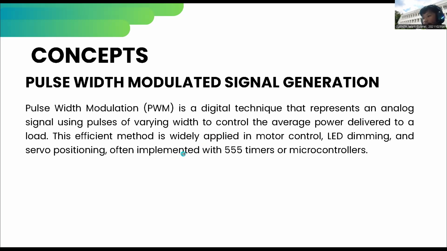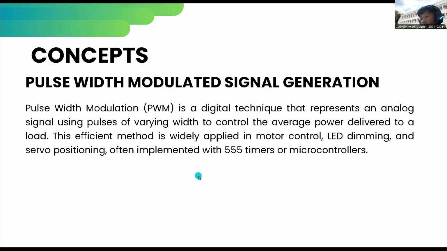So, it is widely used in applications such as motor speed control, LED dimming, and servo positioning, and is commonly implemented using circuits with components like the 555 timer or microcontrollers.